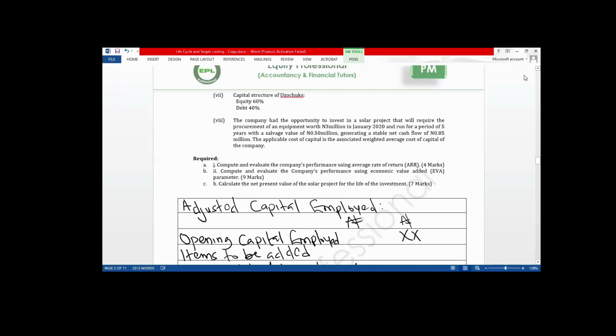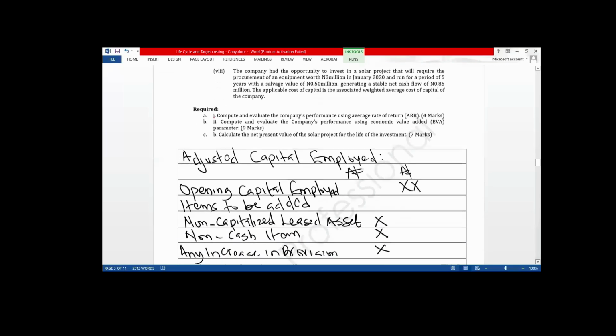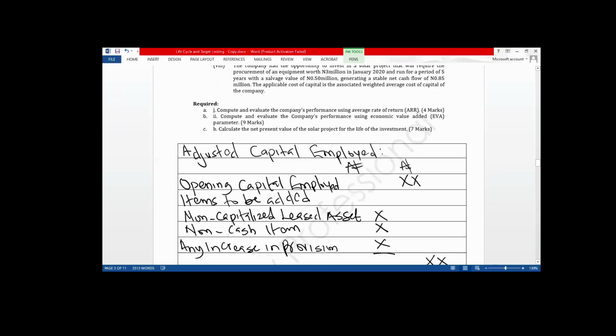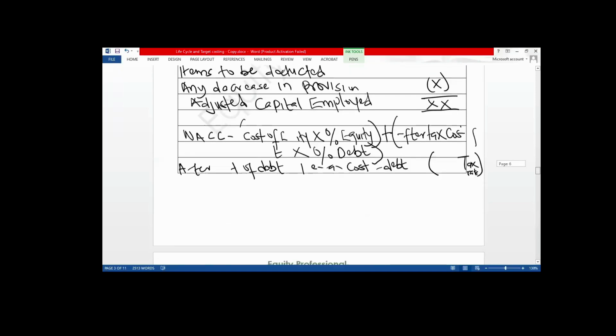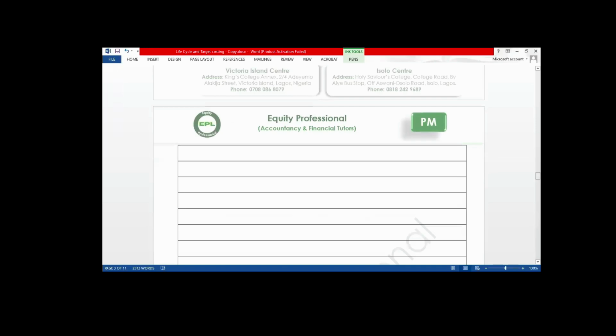So what is the formula for calculating return on investment? Let's go to the whiteboard. Please, you are in this class. It's not a crime to copy in the class.